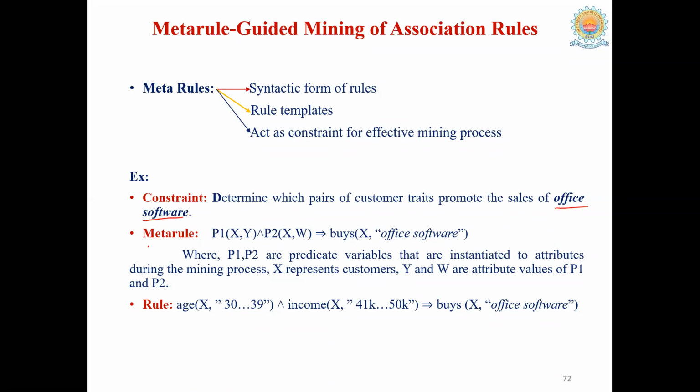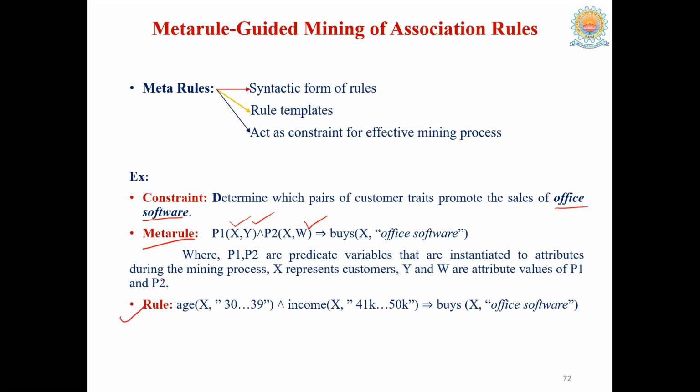Here is the meta rule based on that constraint: P1(x, y) and P2(x, w) implies buys(x, office software), where P1 and P2 are the predicate variables, y and w are the values of the predicates, and x indicates the customer. And this is the rule which is mined based on this meta rule.